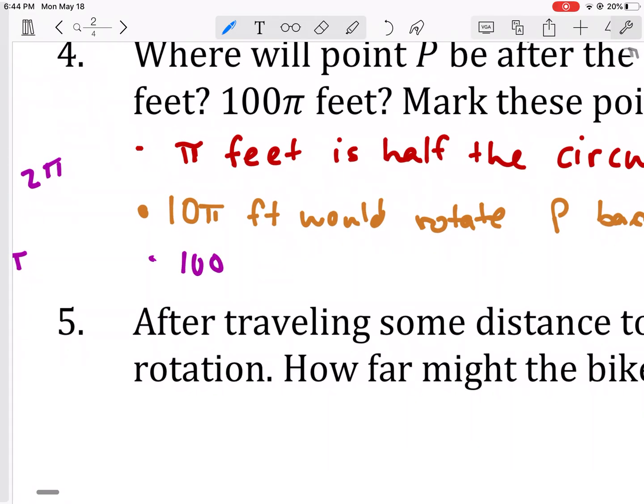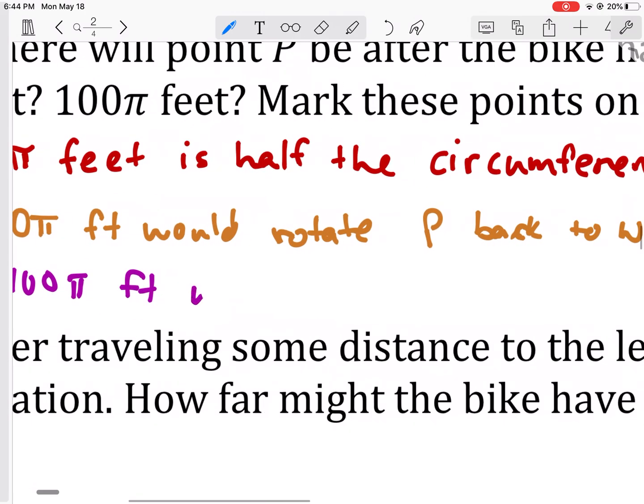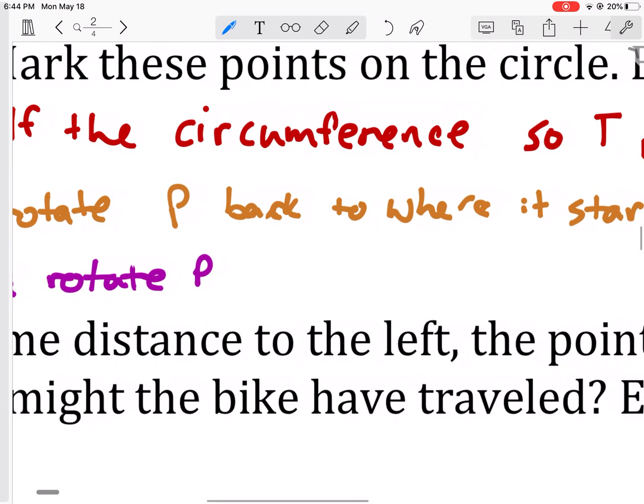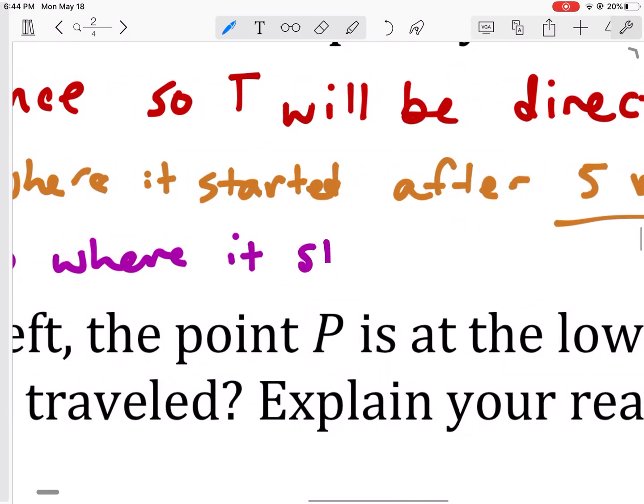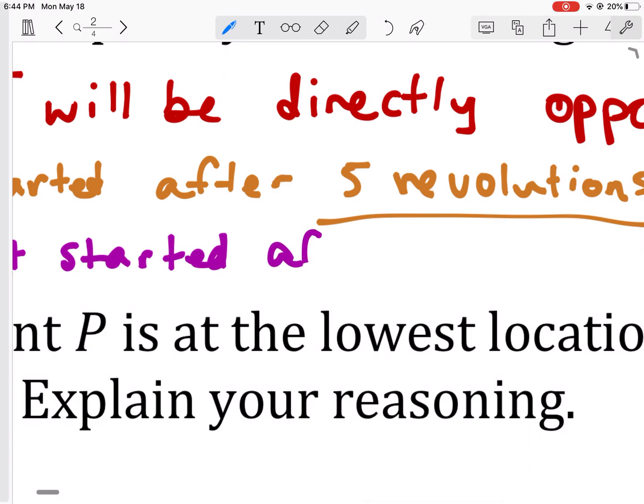So 100 pi feet would rotate P back to where it started after 50 revolutions.